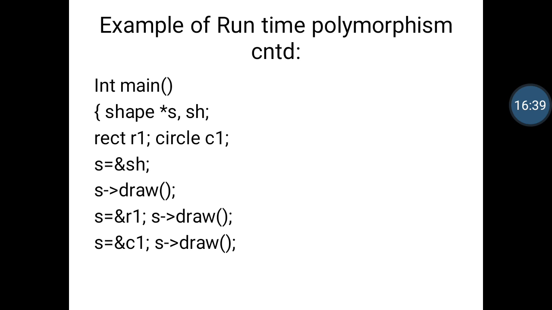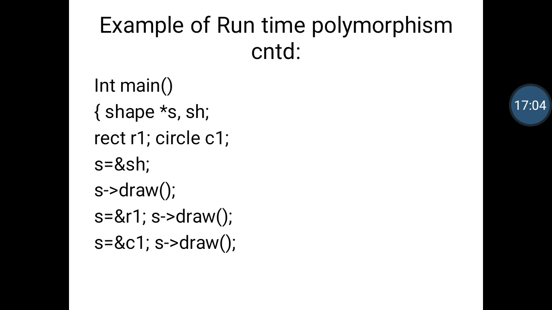Then I assign the address of sh to object pointer s, so s is equal to ampersand sh, and then I call the function draw by using the object pointer, s arrow draw. It will call the function from the shape class, the parent class.